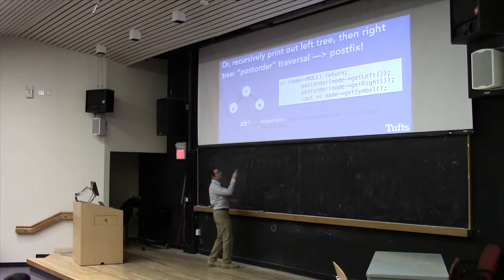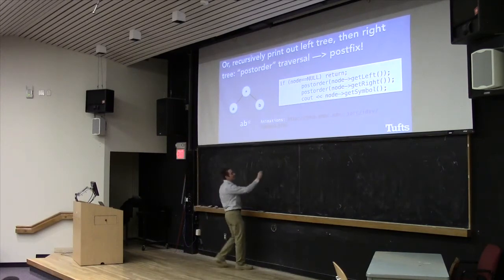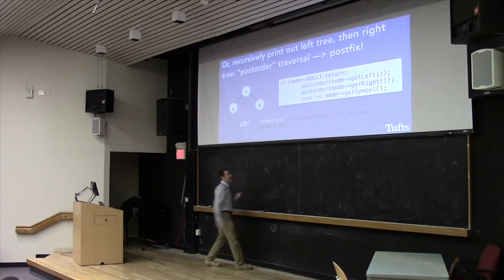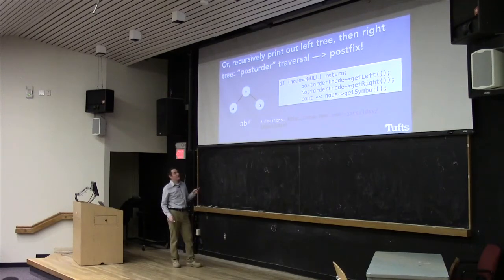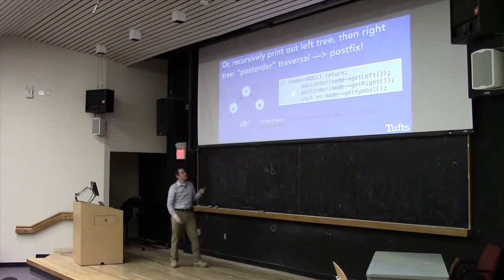Let's see. If we do Postorder of the first one, it does the left one, A, and then A doesn't have a left or a right, so it just prints out. And then we are now here in the star one, so it's going to be Postorder of get right, which is B. B doesn't have a left, doesn't have a right, so those return immediately, and it prints out B. And then it returns.